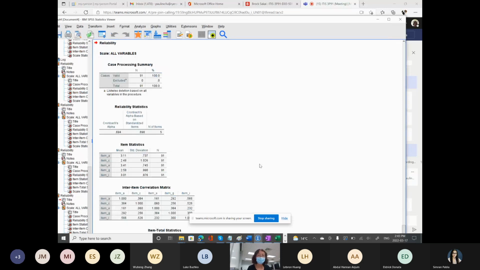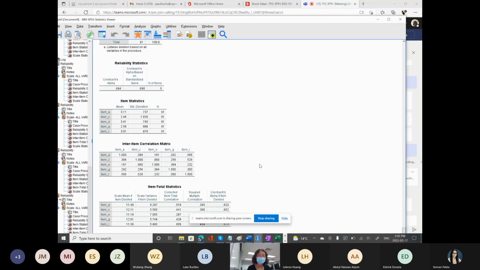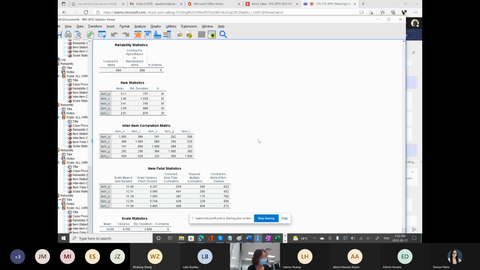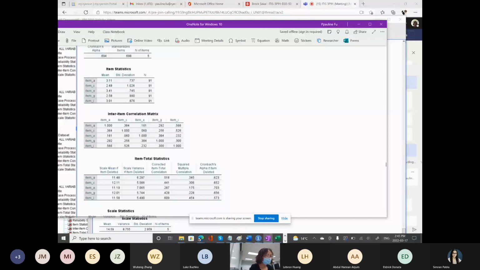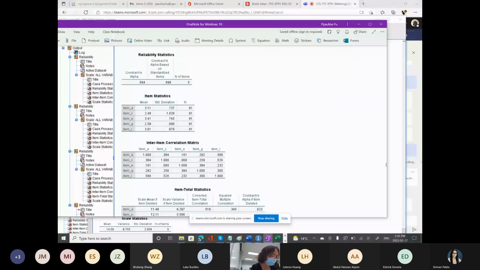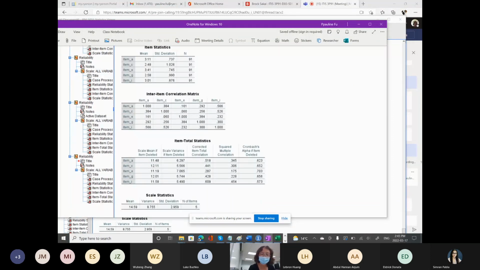So you should get this result. After you do this, this is the result. And we get Cronbach alpha 0.694. So 0.7, pretty good. And then we have the item total.